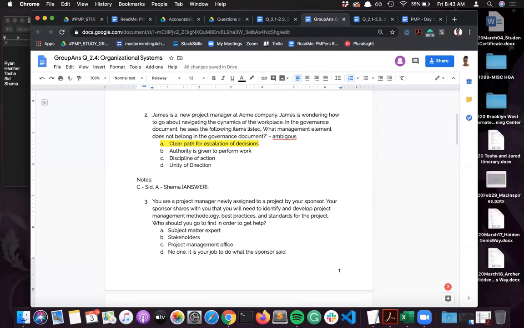The structure and the framework, organizational structure. I gotta be able to differentiate that better. All right, let's circle back to that. I'll probably ask Marcus or someone in one of those groups.